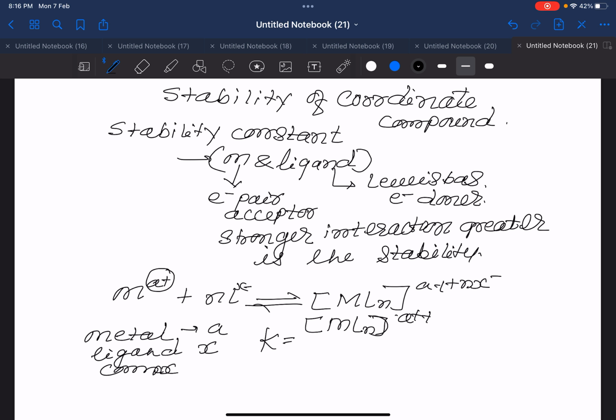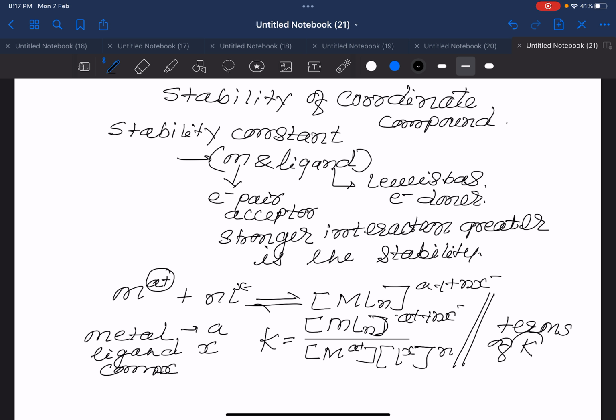Active concentration of product divided by active concentration of reactants. ठीक है. Stability of the complex can be explained in the terms of K, stability constant.